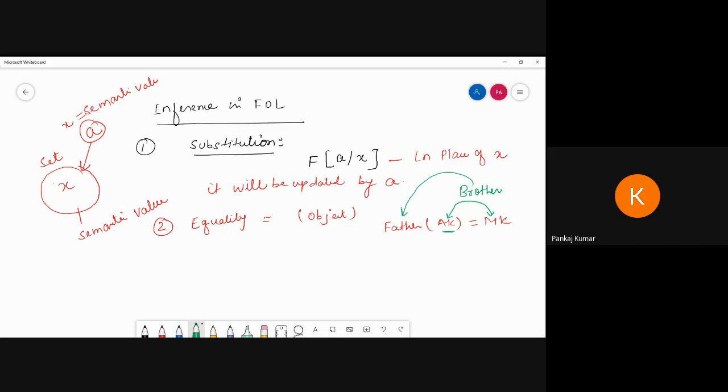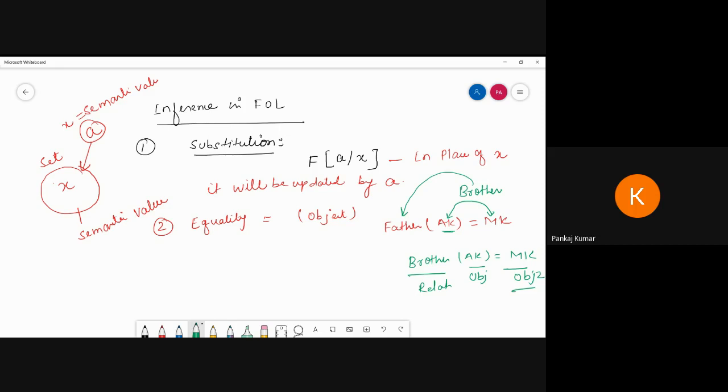That is the meaning of inference, and that is why we write the equality sign: the father of AK is equal to the father of MK, because AK and MK are both brothers. So this one is the relation, this one is object one, and this one is object two. These things are there for equality.